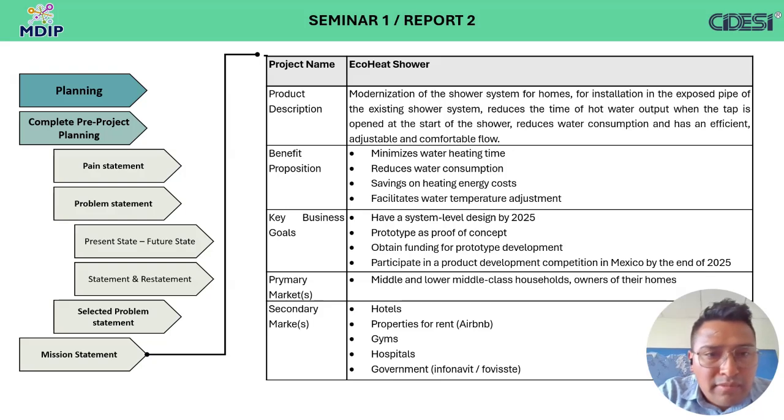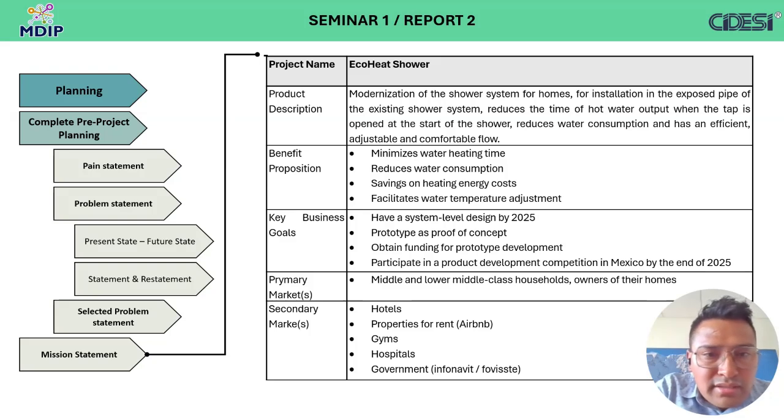We decided to name our product EcoHead Shower, and after some versions, our product description looked like this: a modernization of the shower system for homes, for installation in the exposed pipe of the existing shower system, that reduces the time until hot water arrives when the tap is opened at the start of the shower, reduces water consumption, and has an efficient, adjustable and comfortable flow.